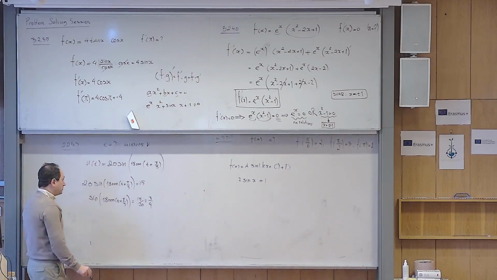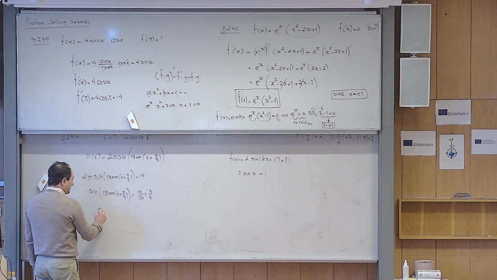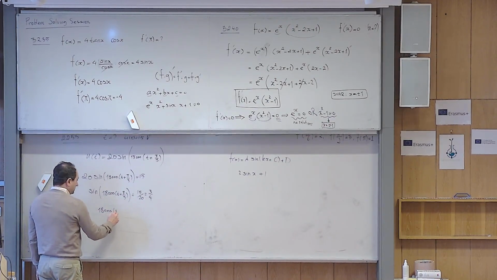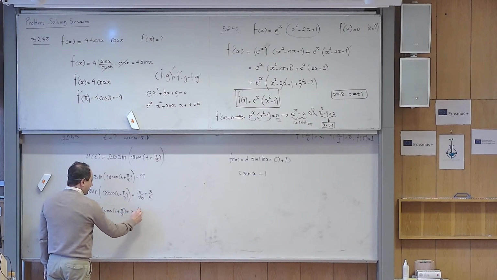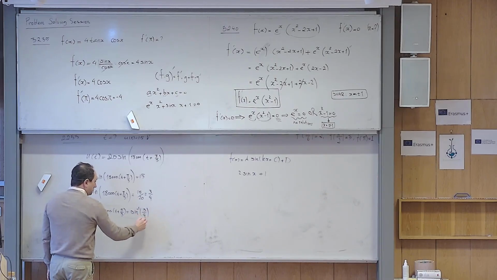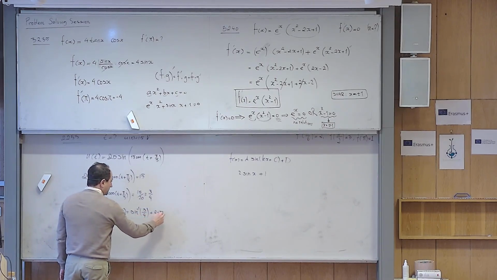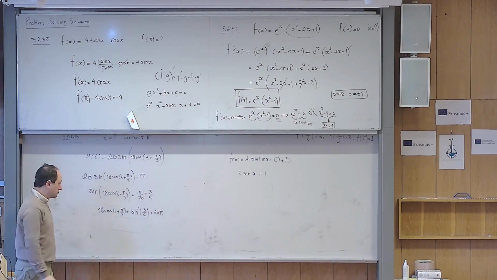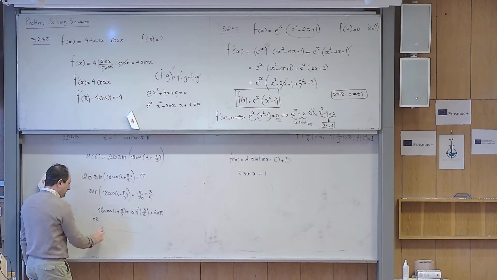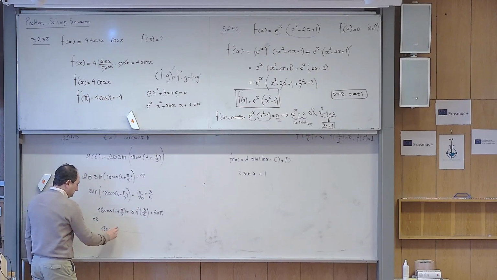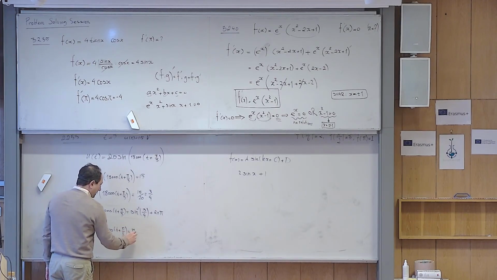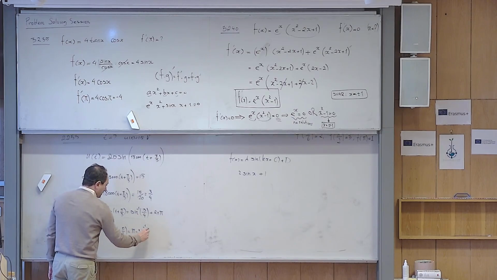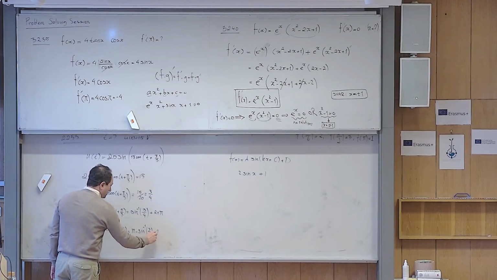Then what you have to do is write this number equal to sine inverse of that number plus 2n pi, because I have to write it in radians, or that number is pi minus sine inverse of 3 over 4 plus 2n pi.